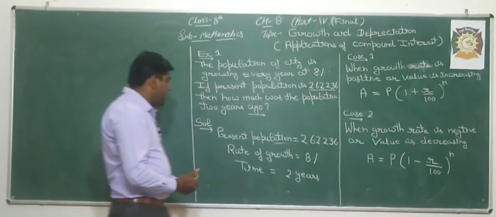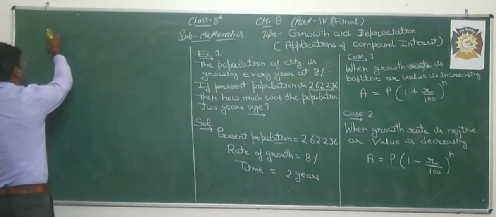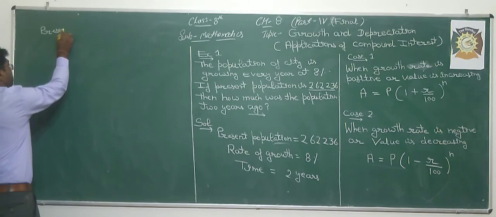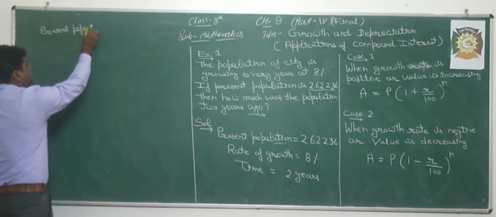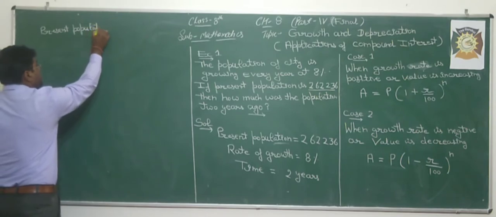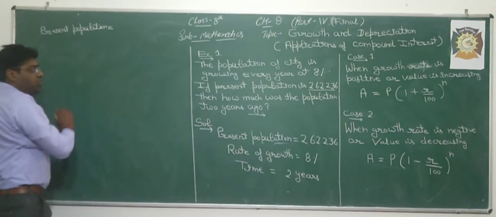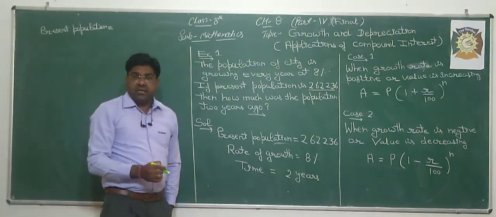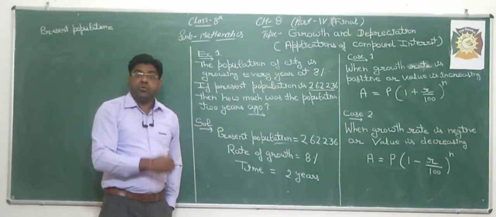So what can we write here? We can write present population is equal to P, where P is the population before 2 years.